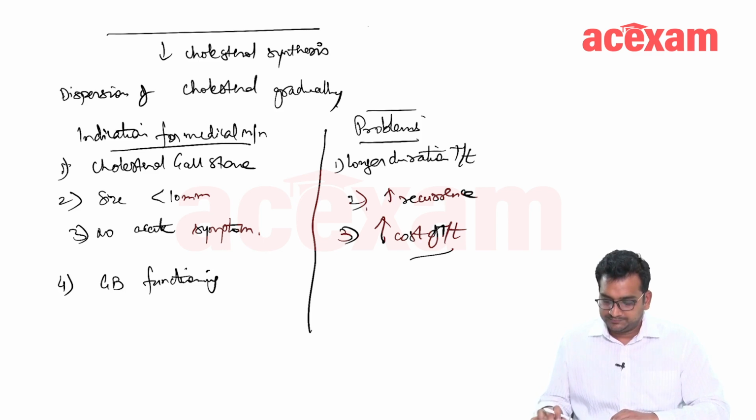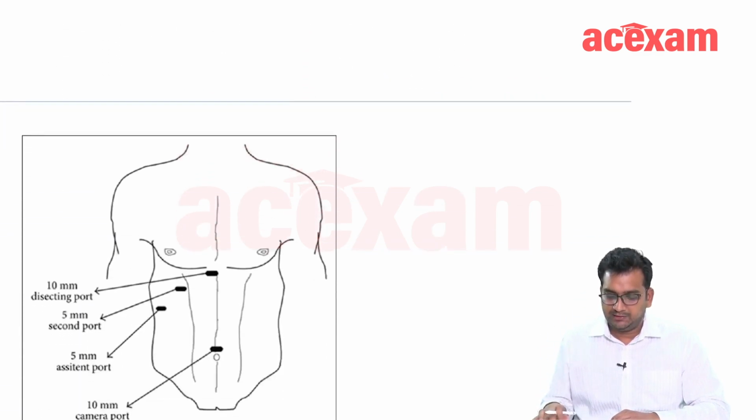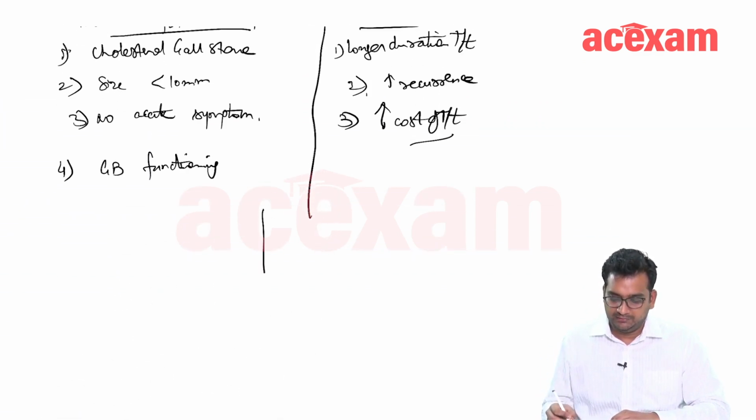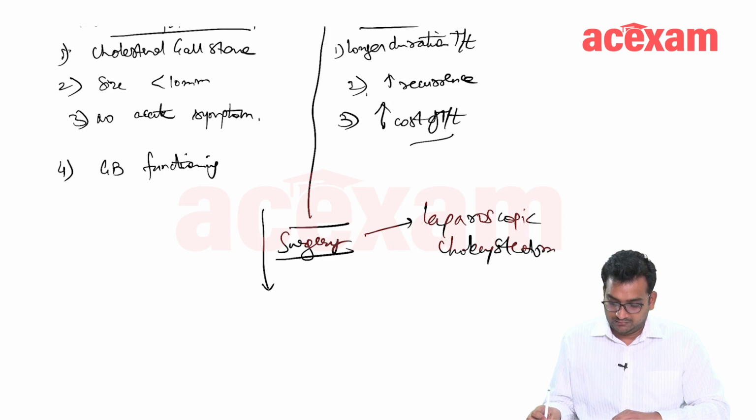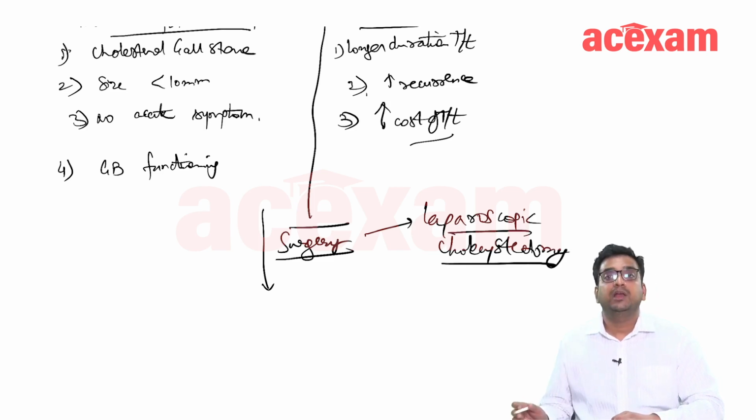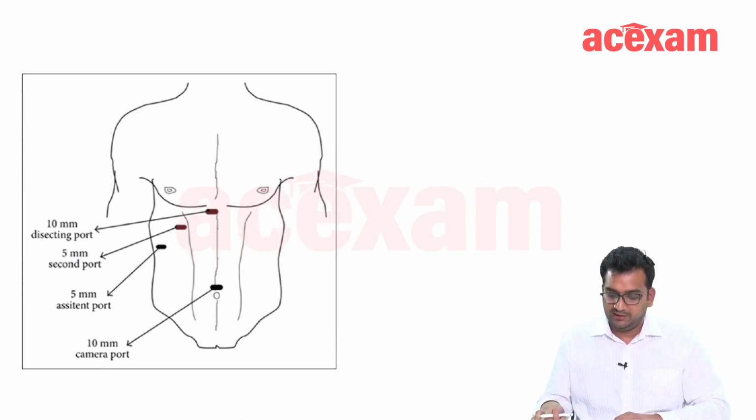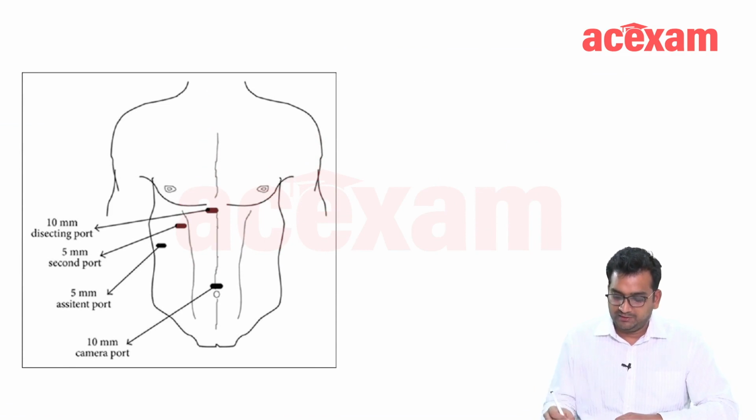Okay. Now, if we are not managing the patient with medical management, or if there is failure of medical management, we will go for surgery. Surgery that is preferred nowadays is laparoscopic cholecystectomy. Laparoscopic cholecystectomy is generally performed by using the 4-port technique.